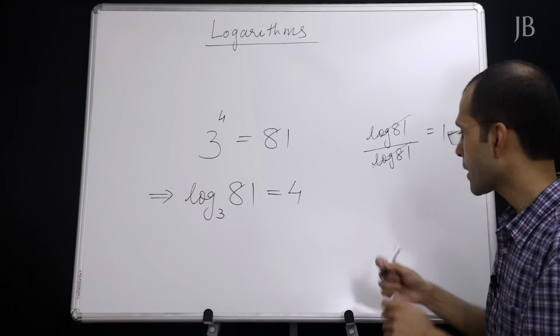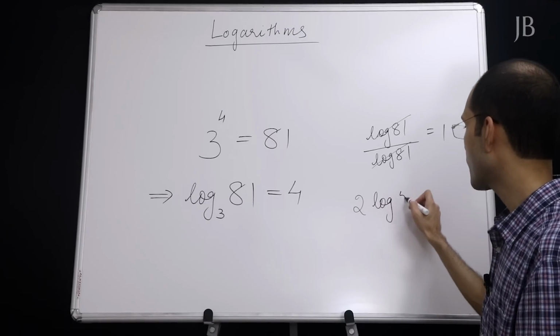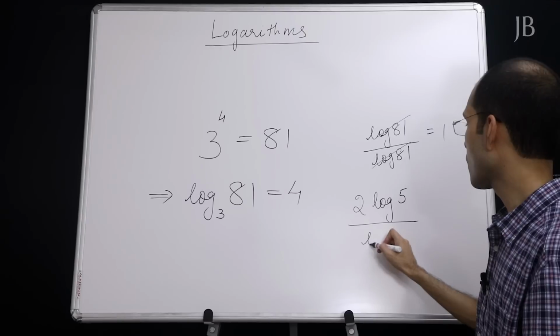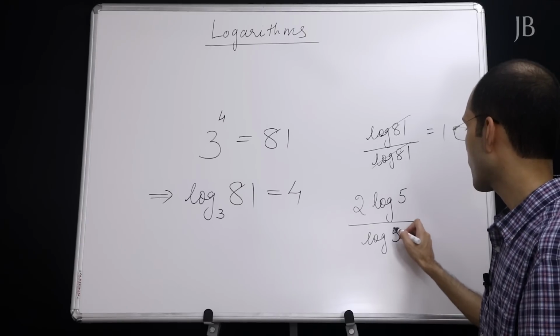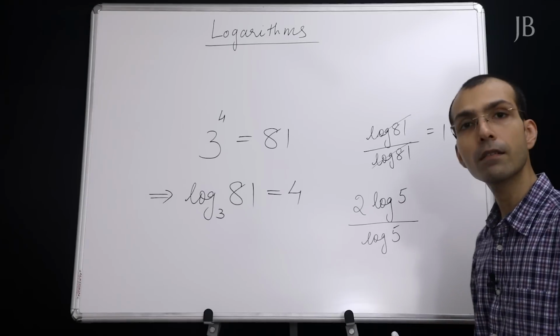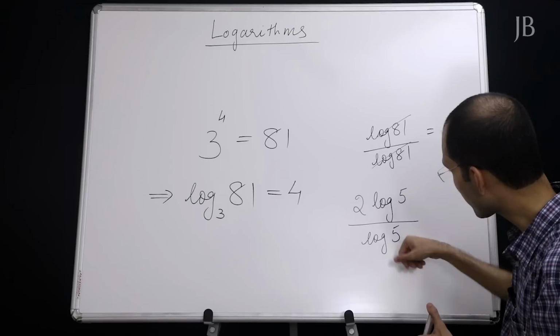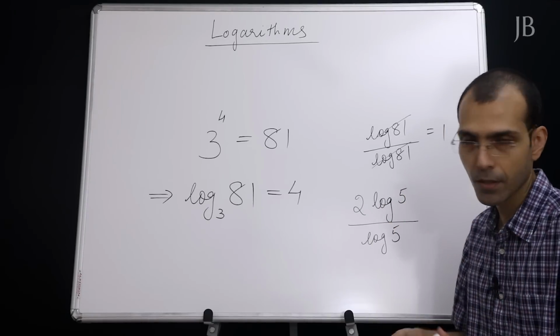This is fine. If you have something like 2 log of 5 upon log 5, here log 5 will get cancelled. You can't cancel 5 and log, that is absurd.